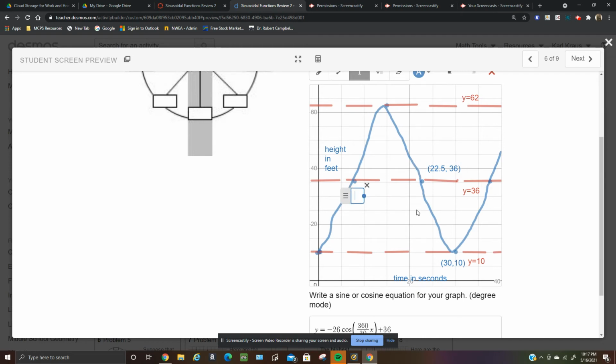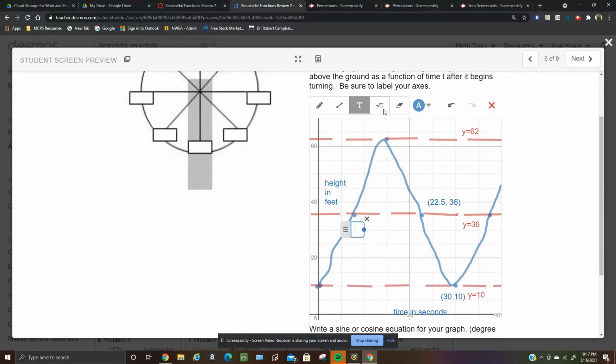And this one is (15, 62). And this point, (7.5, 36). And (0, 10) is where I started.